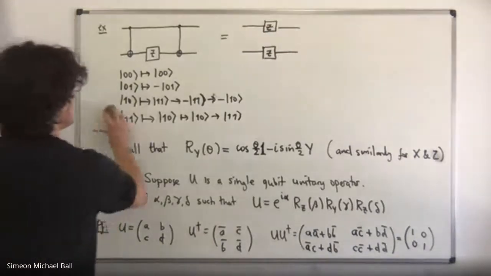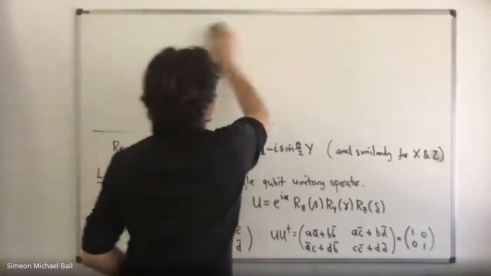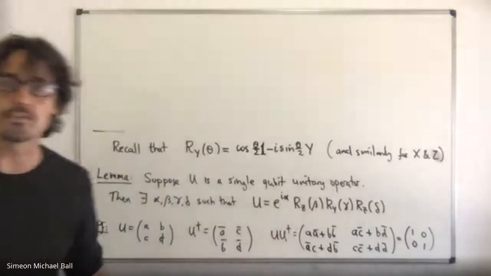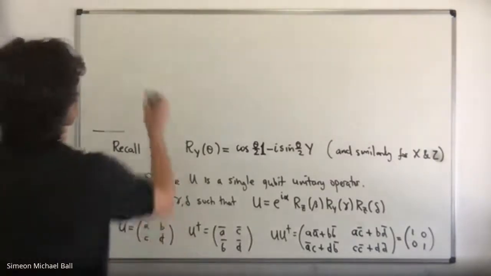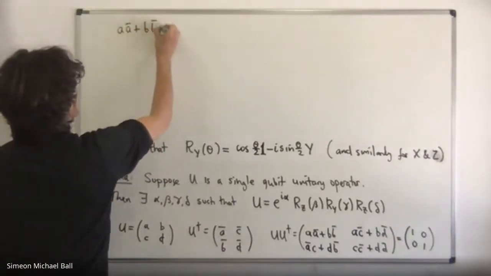Now what I want to do is a change of variables here. Somehow we've got to get to the fact that it's meant to look like these rotation matrices. So the first thing to notice is this AA bar plus BB bar equals 1.